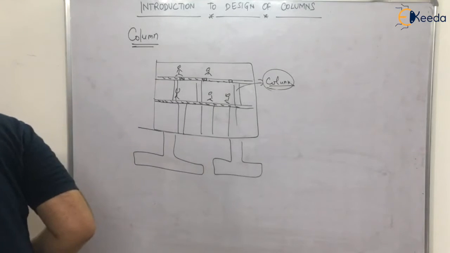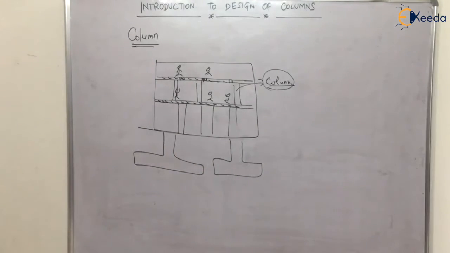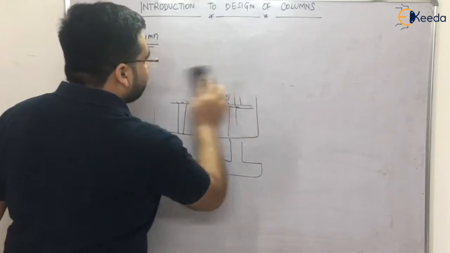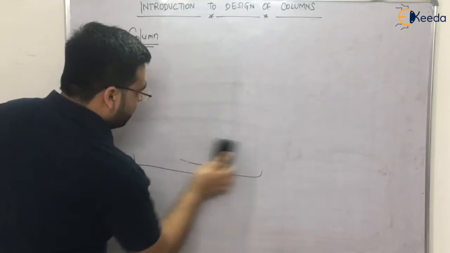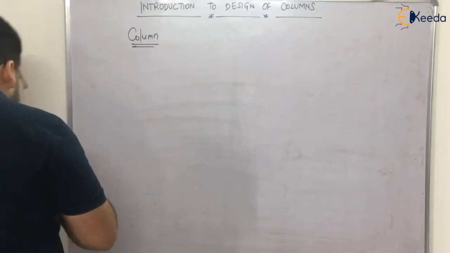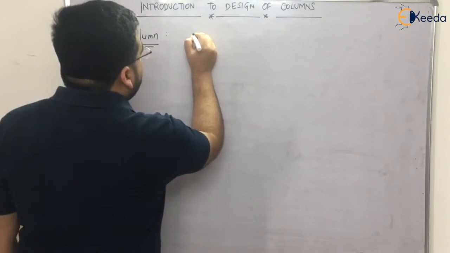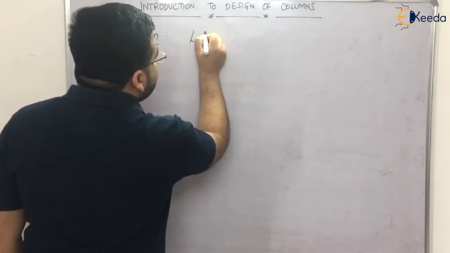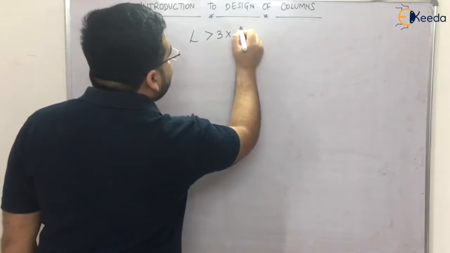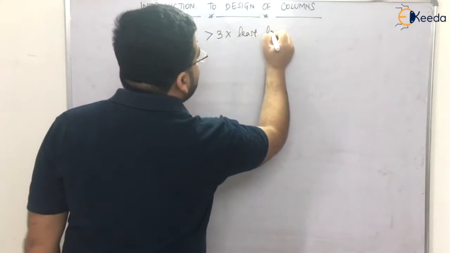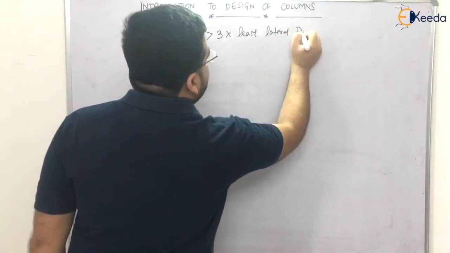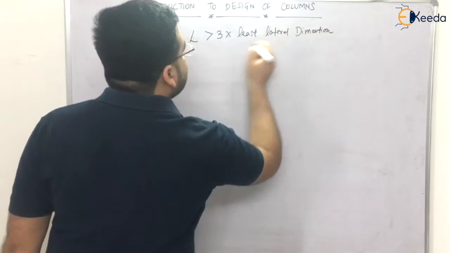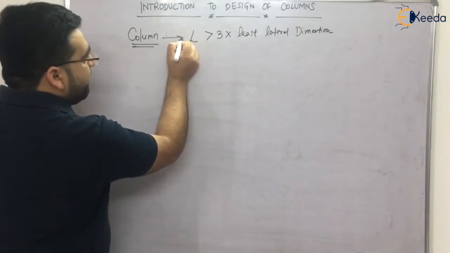The bookish definition says that if the length or the effective length of any member is greater than 3 times the least lateral dimension, then those members are known as columns.